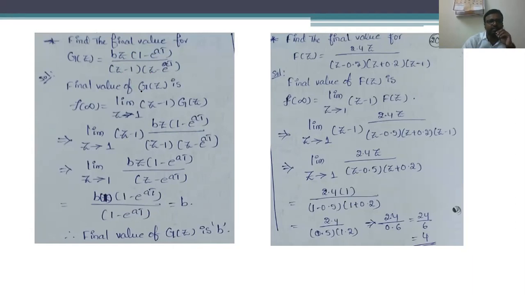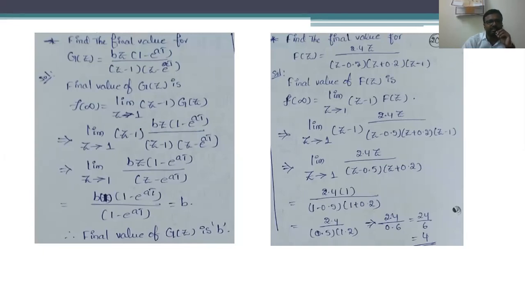Therefore, the final value of the function g of z is f of infinity, which is equal to limit z tends to 1, z minus 1 into g of z. Therefore, limit z tends to 1, z minus 1 into g of z is bz into 1 minus e power minus aT divided by z minus 1 into z minus e power minus aT.